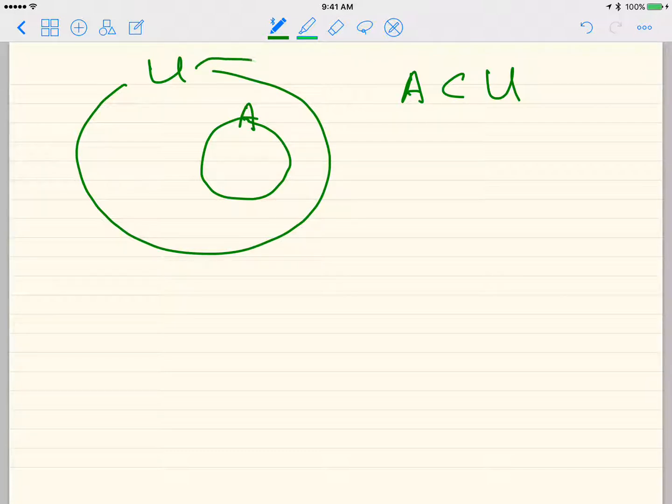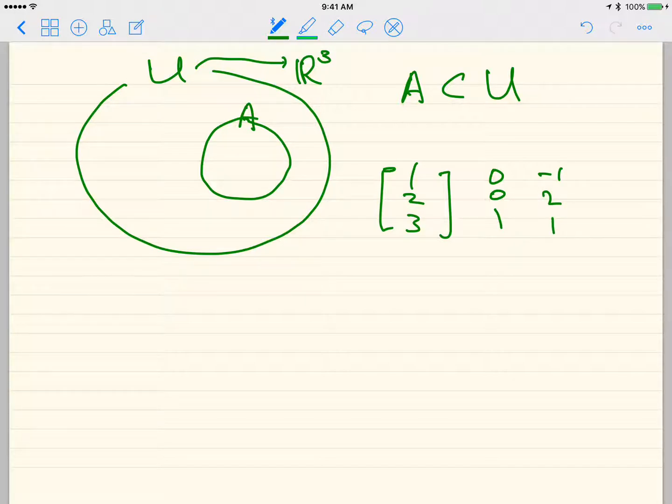So, for example, our U or the entire space is, for example, R3. So this is our entire space, and so any vector in three-dimensional space, for example, (1, 2, 3), and (0, 0, 1), (-1, 2, 1), and so on.